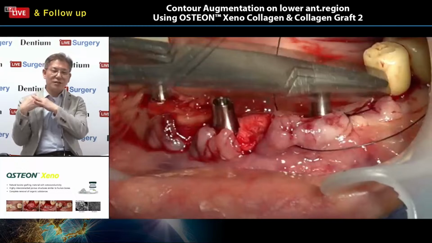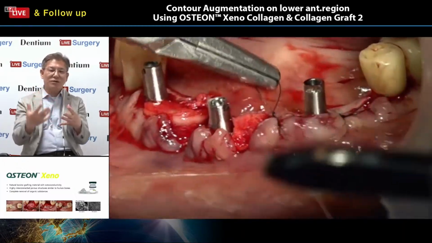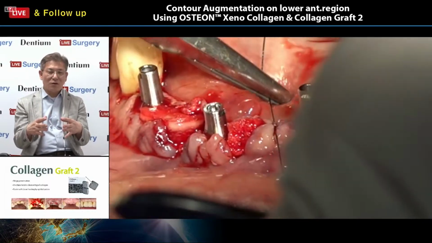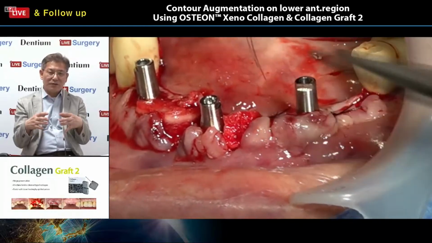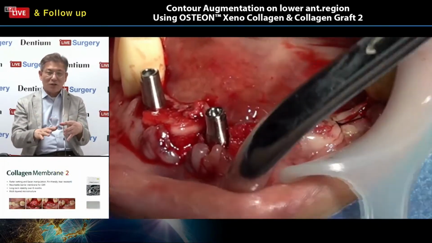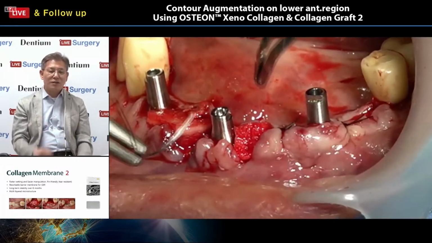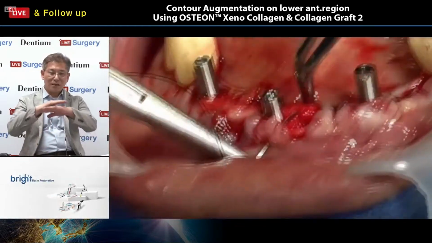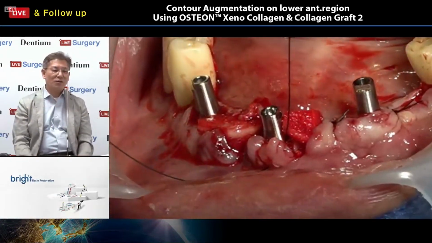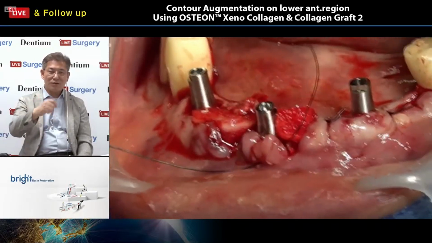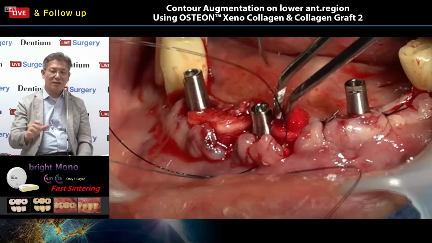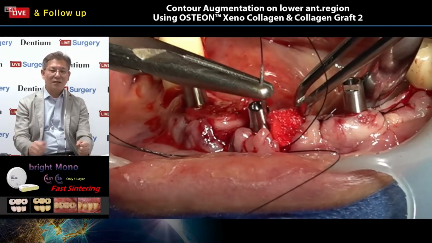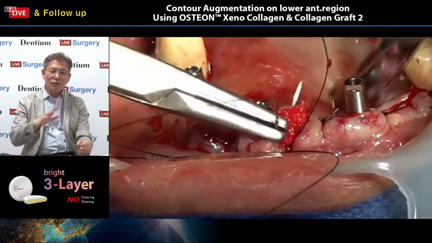Let's see, after extraction and removing all the granulation tissue, the whole socket is exposed. So in my socket preservation technique, I fill the socket first with osteogenocollagen, and then cover the top portion with the collagen graft and a simple cross suture, the hidden X suture, and that's it. Then just leave it for 2-3 months.